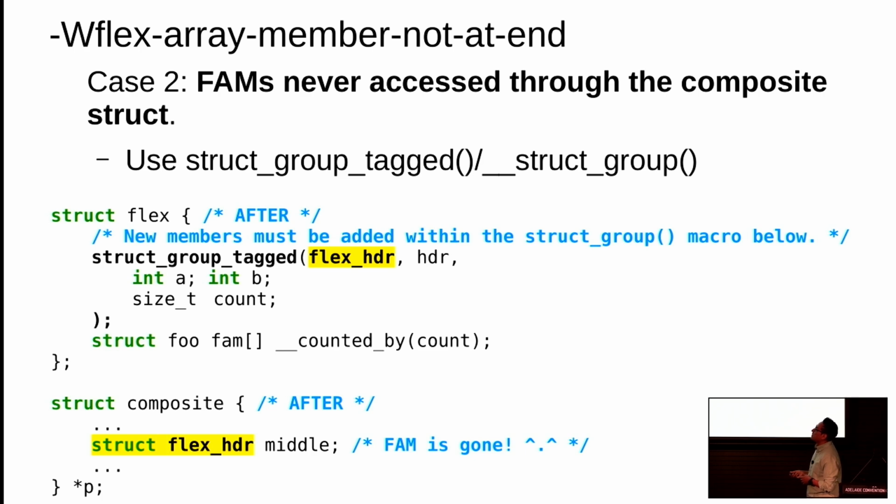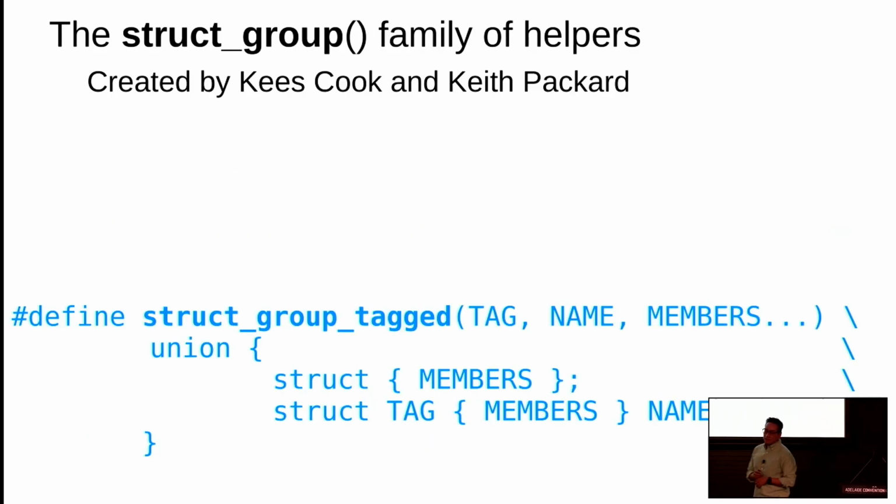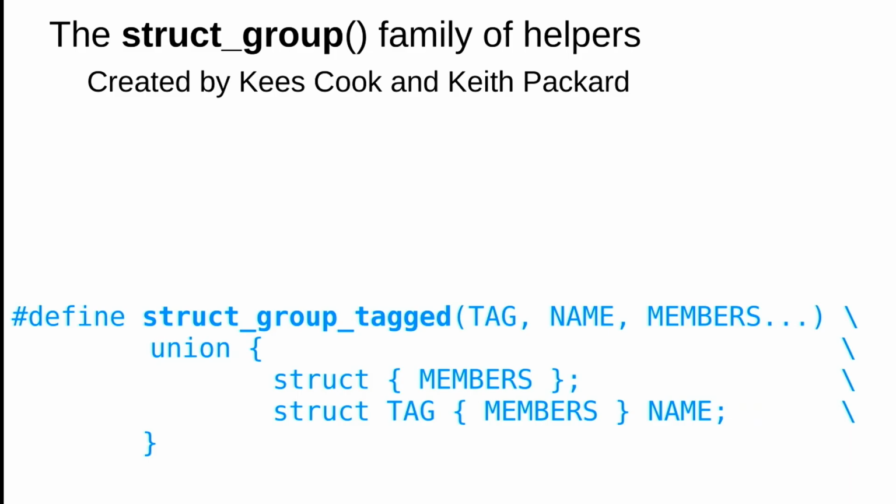So now struct group creates a new struct type. With that, we left the flexible array member out of the equation. The compiler is no longer able to see that flexible array member when we use the new type for the middle object.